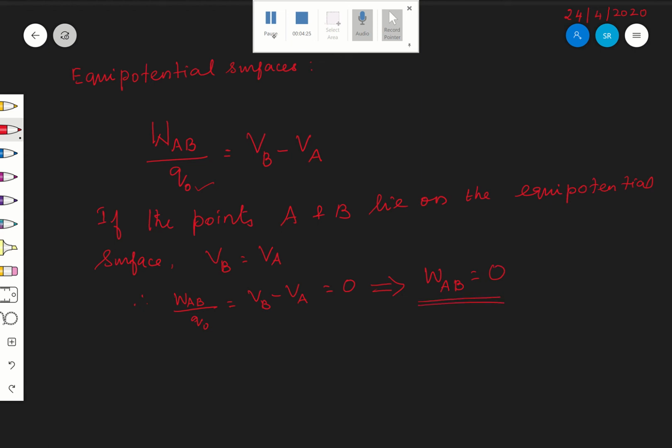This is a very, very important concept. It says that no work is done in moving any charge, test charge or unit positive charge, whatever it is, from one point to another on the equipotential surface.